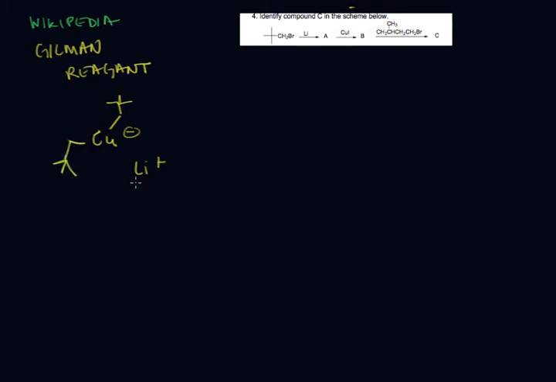I think that's the Gilman reagent that you're going to form, and this is ionically bound, so they dissociate. And you add this to this alkyl halide that he showed. It's 1, 2, 3, 4, 5.